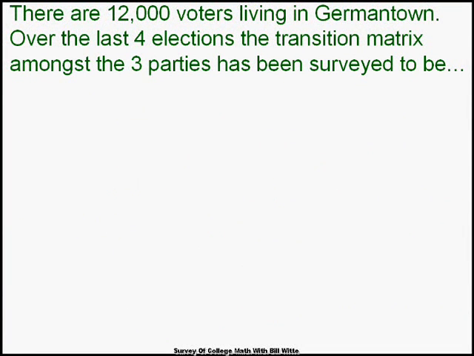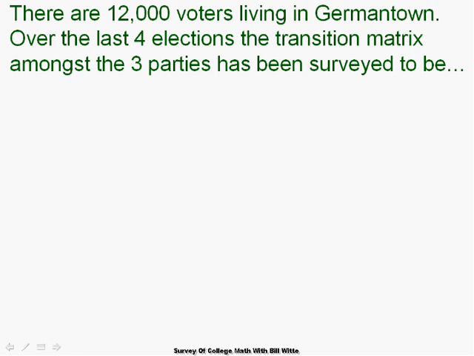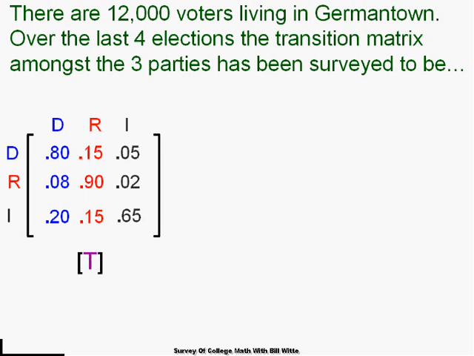Let's do another problem. If we look at the history of politics over the last several years in Germantown, and we look at the 12,000 voters that live there now, over the last 4 elections, the transition matrix amongst the 3 parties, people have moved from party to party, and they surveyed it to be something like this among Democrats, Republicans, and Independents.